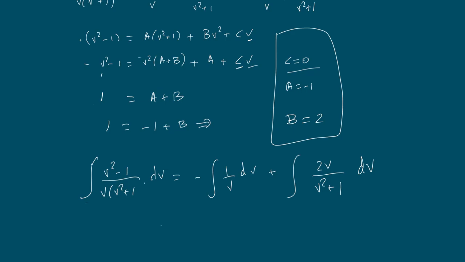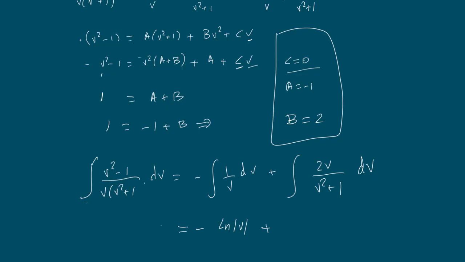Okay, so instead of solving the left side, we solve the right side. That is easy. So it's minus the natural log of the absolute value of v, plus now I have to find a function whose derivative is 2v divided by v squared plus 1, and this is again a natural log.